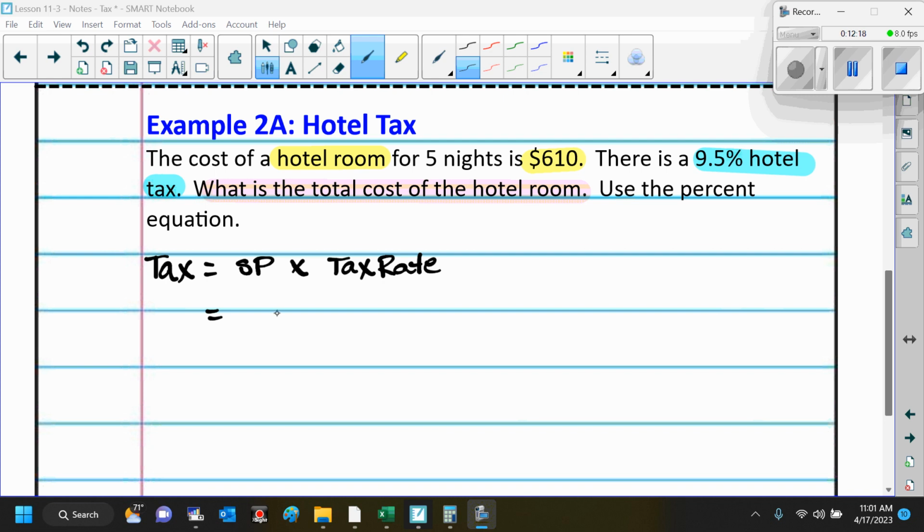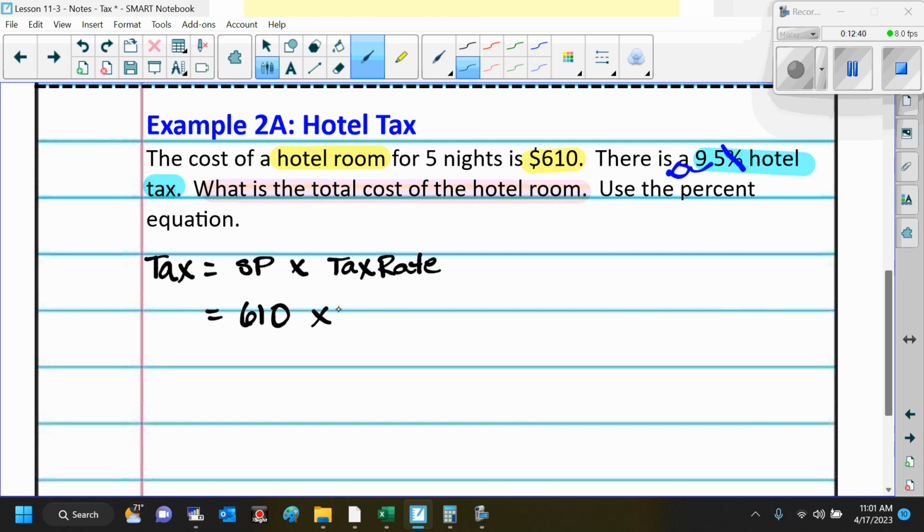So the sale price is $610. And we're going to multiply that times the tax rate, which is 9.5%. And again, we have to change that 9.5% to a decimal. So we have to move the decimal and take away the percent sign.